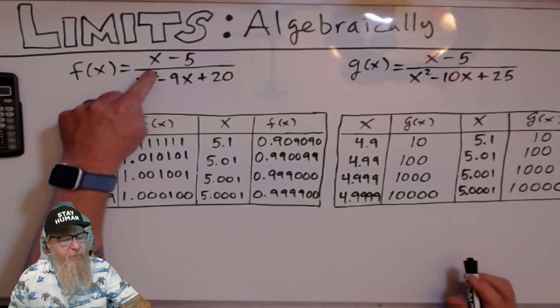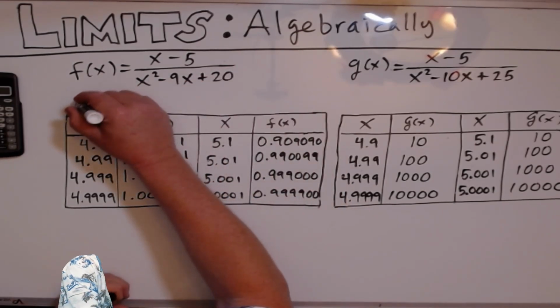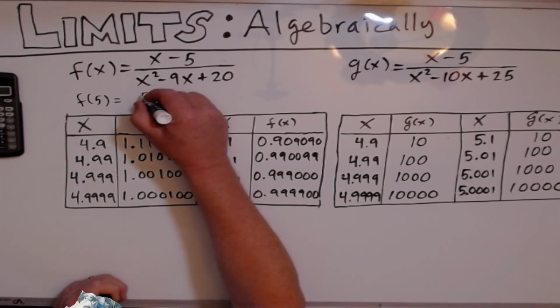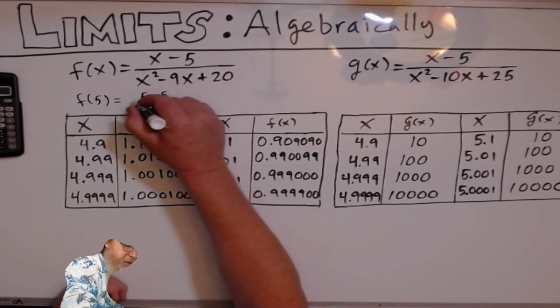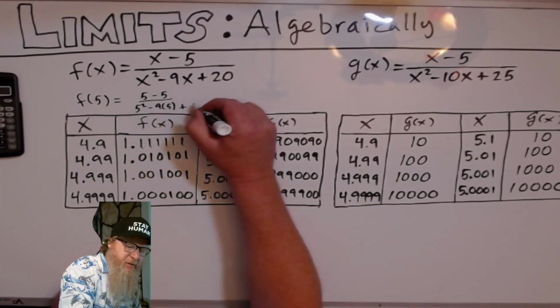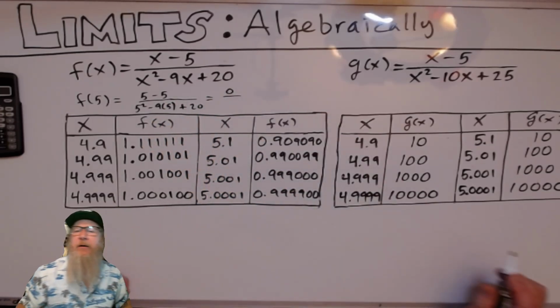If you plug 5 into the function, let's try f, let's see if it's in the domain. We get 5 minus 5 in the numerator, and then 5 squared minus 9 times 5 plus 20 in the denominator. So we get 0 in the numerator.